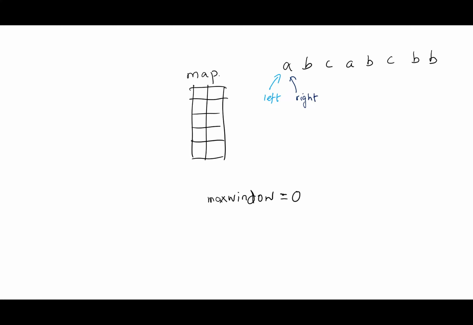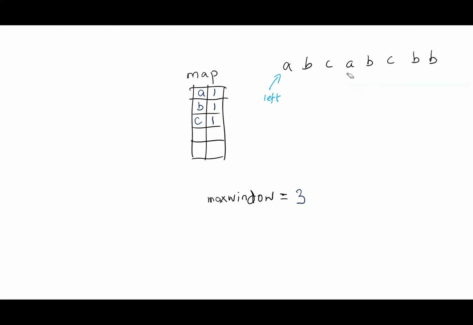Initially you see my map is A1 and max window length is 1. Next I move the right here. That means my sliding window now becomes AB. I put B's frequency as 1 and it still is valid, so I update the max window to 2. Next I move the right to C, update the frequency, and the max window length becomes 3.